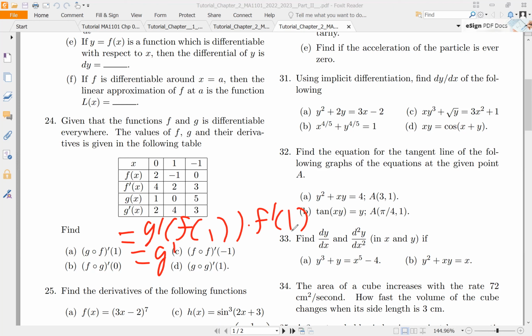So we have g'(-1) multiplied by f'(1). f'(1) from the table is 2, and g'(-1) will be 3. So 3 multiplied by 2. So this is also a possible question. From the data about the values of the functions and their derivatives, just find the value of the derivative of the composite function. Okay, so it's also a typical question.